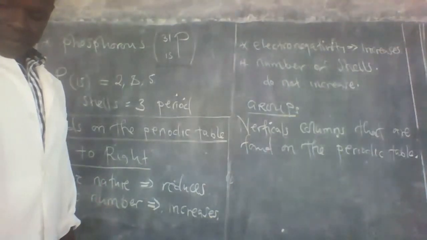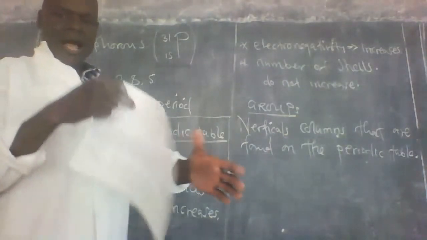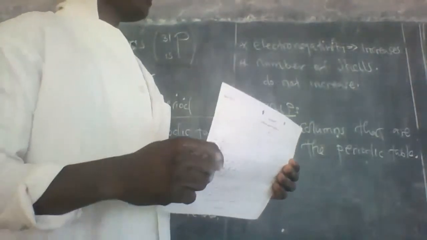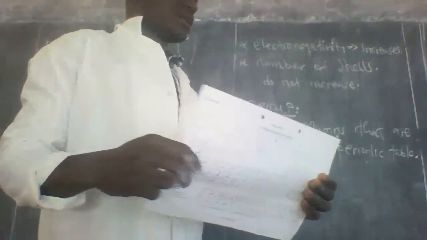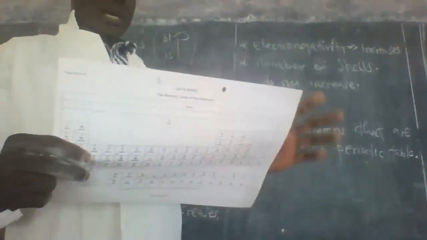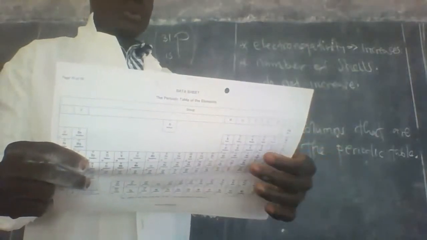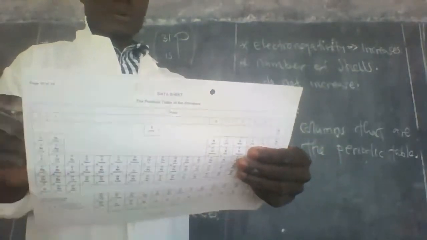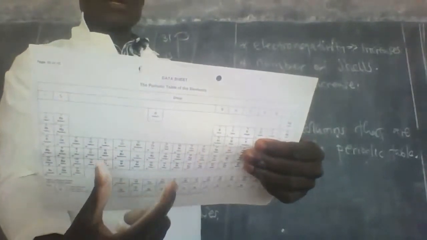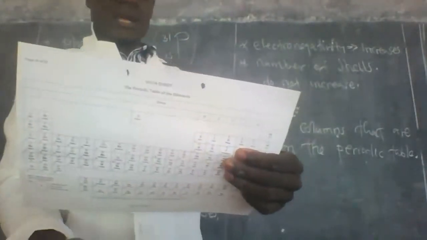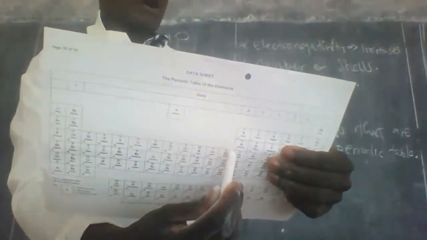Now, let's count. How many are there? Most of the times, in the Examination Council of Zambia syllabus that we use in Zambia, we only deal with elements from 1 up to 8, mostly. So these elements that are here, which are called transition elements, are less talked about. Therefore, when you're counting the vertical columns, we do not count them.